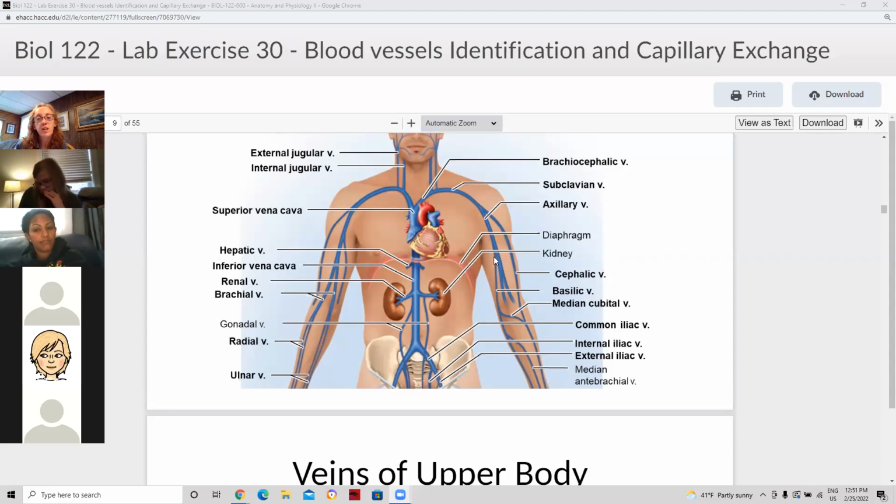Median cubital moving up becomes the brachial vein, which then becomes the axillary vein, which then becomes a subclavian vein, which then feeds into the brachiocephalic vein, or drains into the brachiocephalic vein.